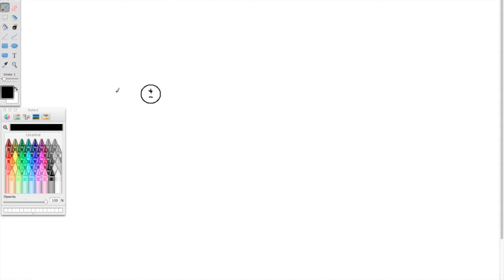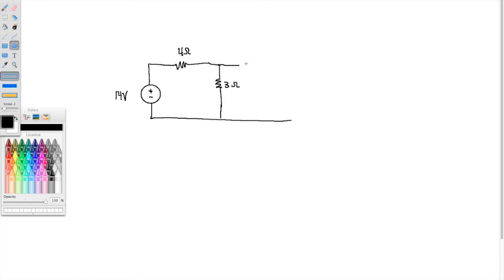Alright, so let's say we have a 14 volt source connected to a 4 ohm resistor and a 3 ohm resistor there. And then maybe we have another voltage source up here, and it's 6 volts.